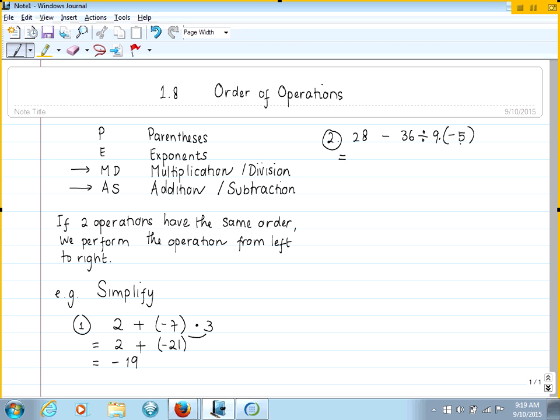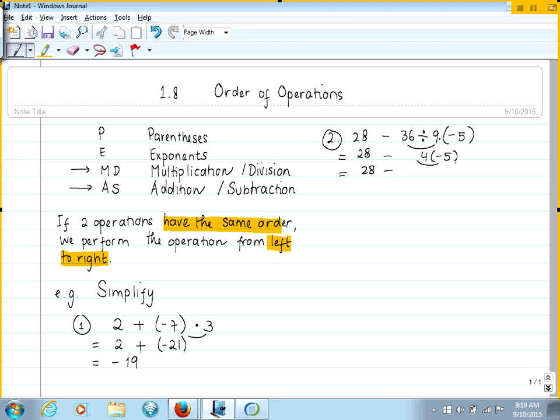So multiplication doesn't have a higher order. It's the same order as division. So it's from left to right. So let's copy the other one, but we will do the division. So 28 minus, what is 36 divided by 9? 4 times negative 5. Okay. Now, which one do we do next?